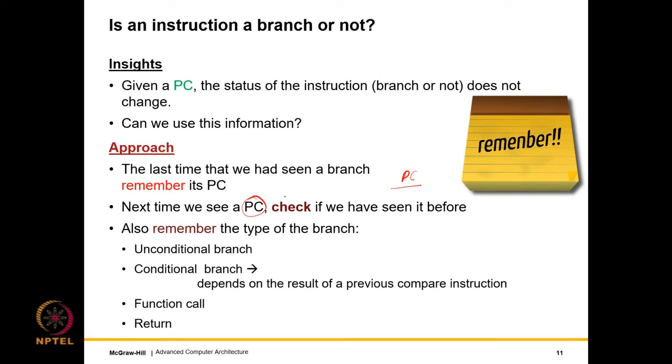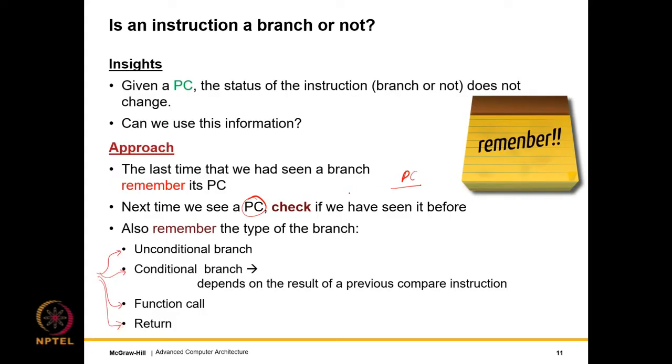If we have seen it before, we essentially have some sort of a memory, and we try to see whether it's an unconditional branch, whether it's a conditional branch, which means it depends on the result of a previous compare instruction, whether it's a function call, whether it's a return statement, right?